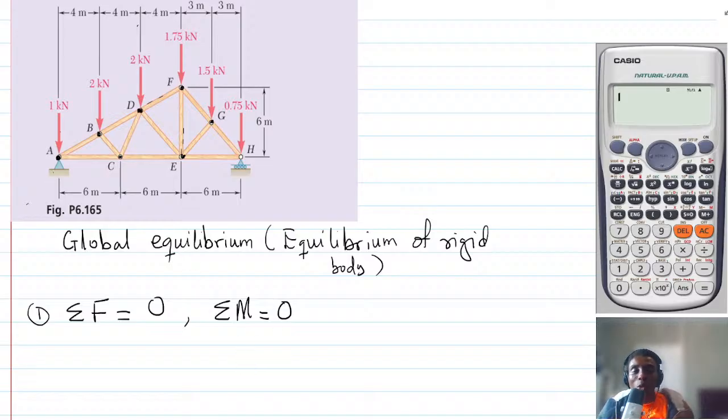Let's apply these two conditions. If you look at A here, we have a hinge. And if you look at B here, you see small balls, which we always call a roller support. I'm doing the free body diagram right now.